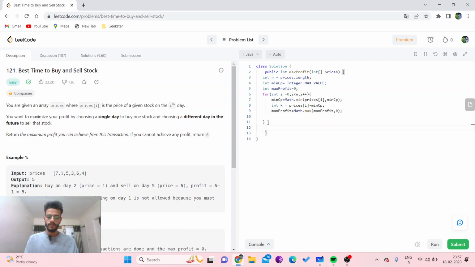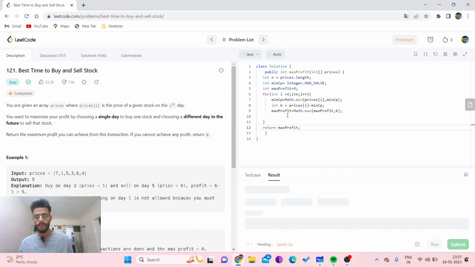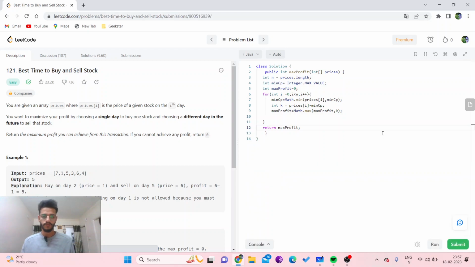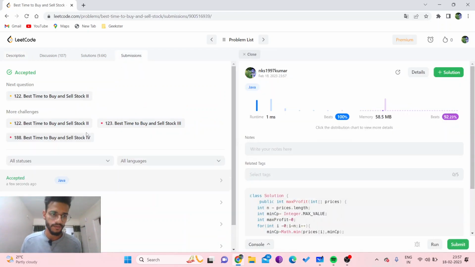And in the end, we will just return max profit. Let's run this code. It is accepting. Cool. Let's submit this. Yeah, it is accepted. So this was the code.